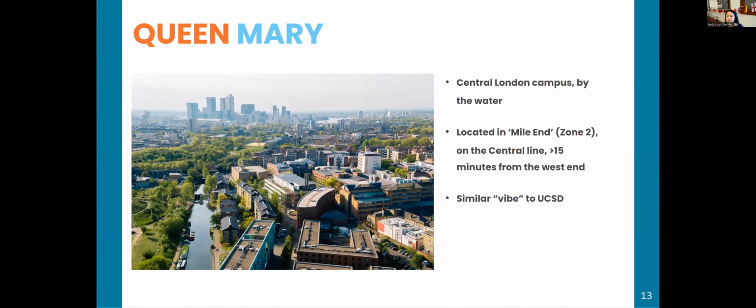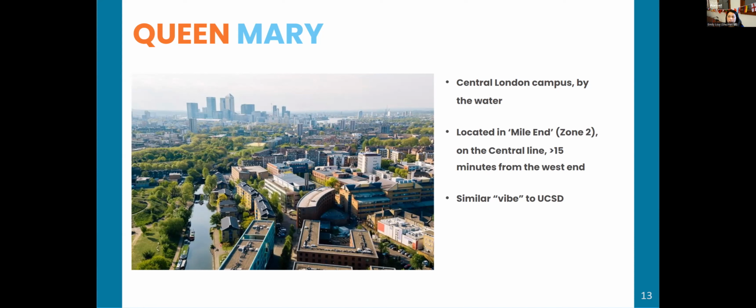Remember I mentioned that the British teaching style is very much no assessments, and then you just have your final. Queen Mary, I would say, is one step closer to UCSD than the pure British system. We don't see as much of a GPA drop as I mentioned with the other one. So most students are able to spend some time traveling, and they have a little bit more breathing time to just enjoy the environment that they're in.